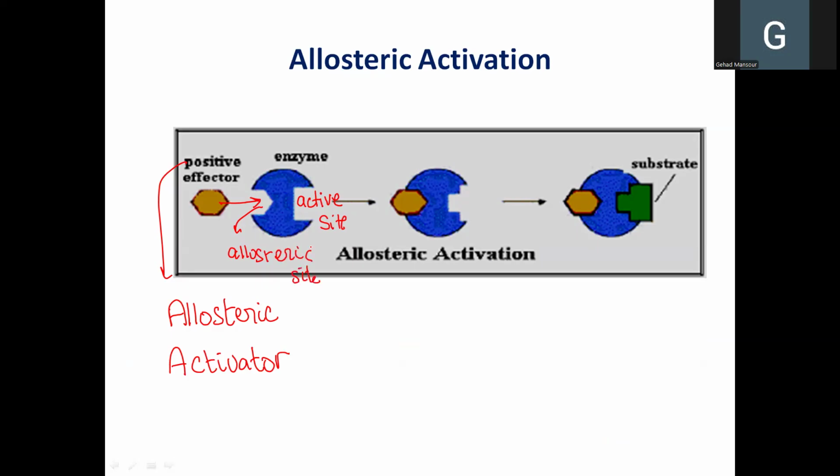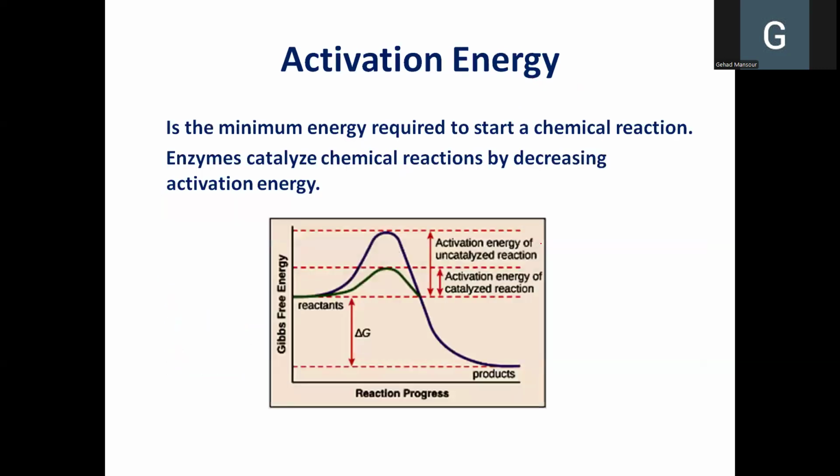We don't call it a second active site, okay? Here we can see that the allosteric effector, the yellow molecule, has bonded to the allosteric site, and after having bonded itself to the allosteric site, the shape of the active site is now more fitting, as you can see, with the substrate and more favorable. That's why we call it allosteric activator.